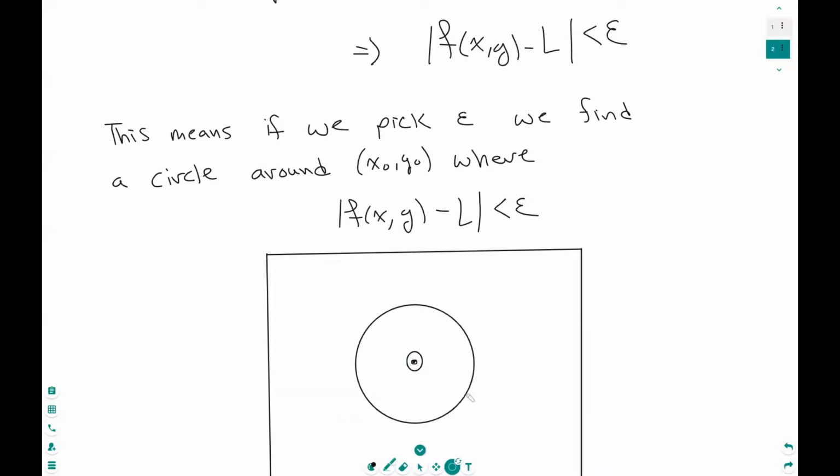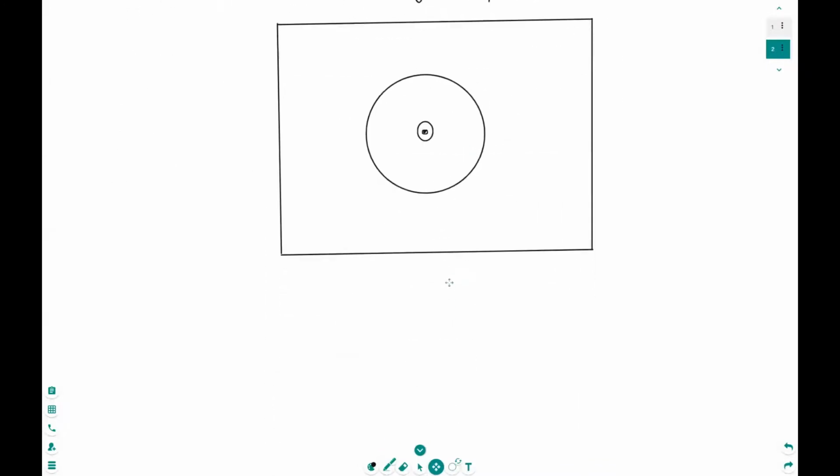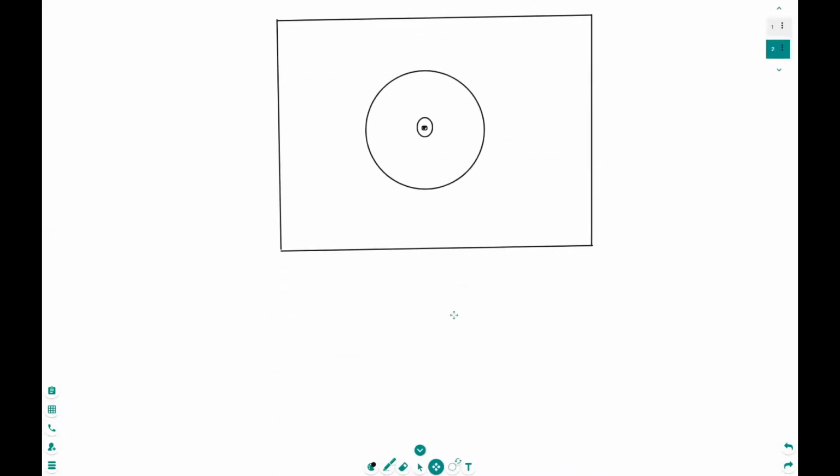But we're trying to make this circle smaller and smaller as epsilon gets closer and closer to 0, meaning the difference between the limit point and all possible values in that circle are getting smaller and smaller. So I'm approaching the limit point as my circle gets smaller. Okay.